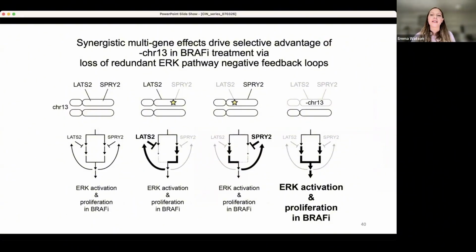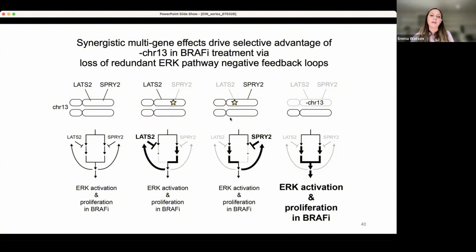So just to summarize what we think is going on with loss of chromosome 13, we think that this is driven by a synergistic multi-gene effect, and this is creating the selective advantage. And it's via a loss of redundant ERK pathway negative feedback loops governed by LATS and SPRY. So under normal circumstances, this pathway can pulse because, after initial EGF signaling, it has two redundant negative feedback loops.